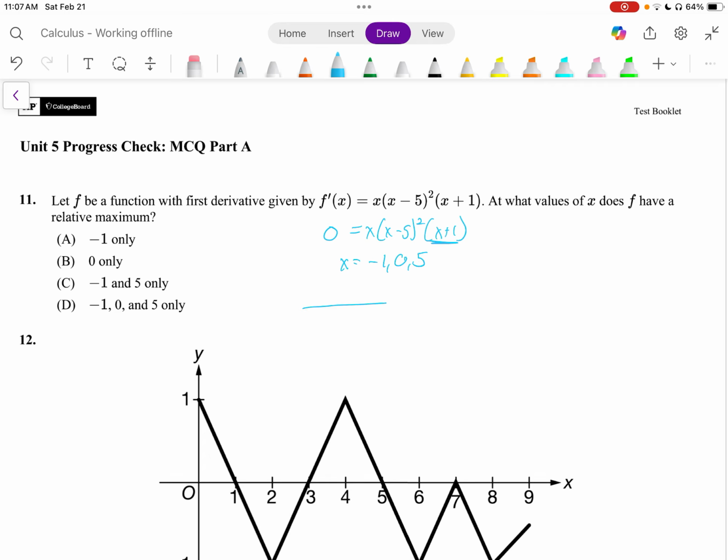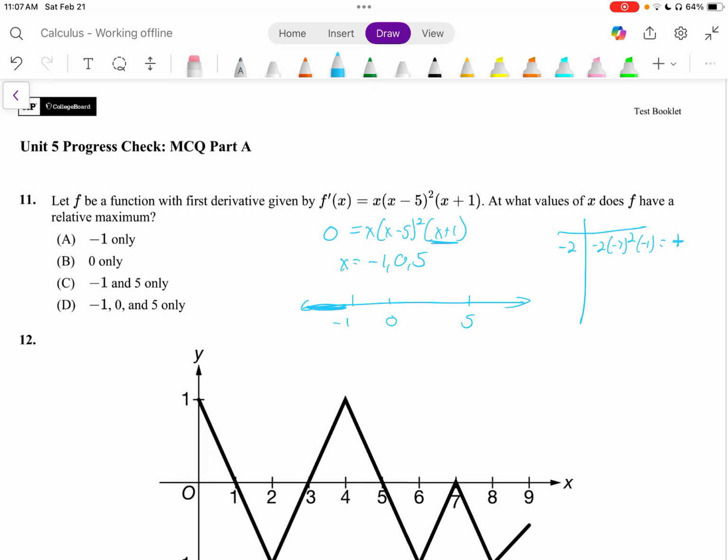And we'll just do a sign chart again. So we have -1, 0, and 5. We're going to pick something in each interval. If we pick -2, so something over in this section, -2 would be -2 times -7 squared times -1, which will be positive.